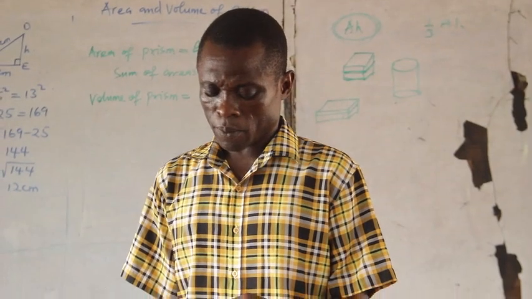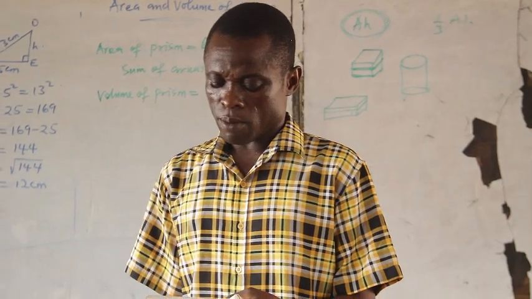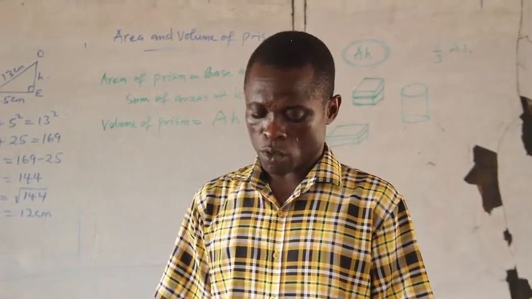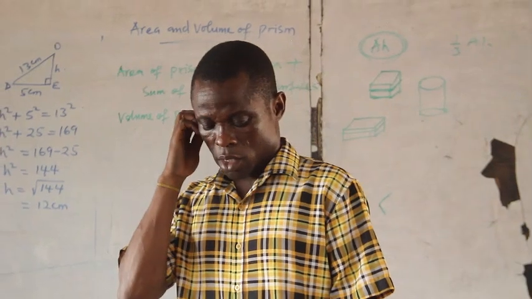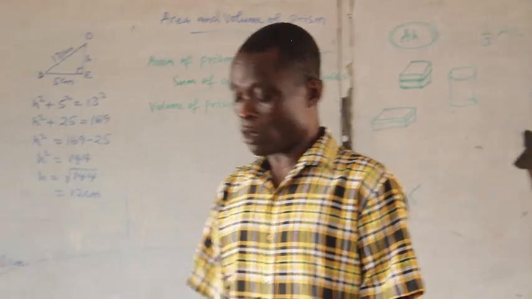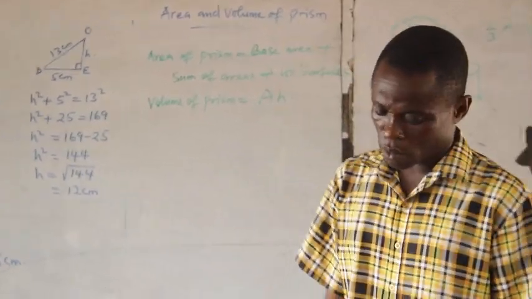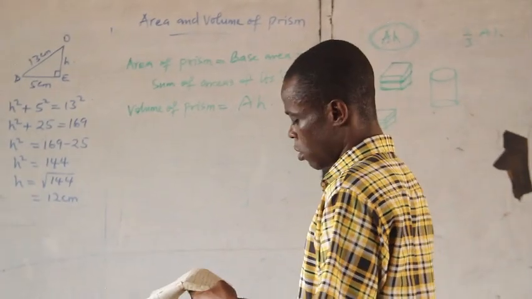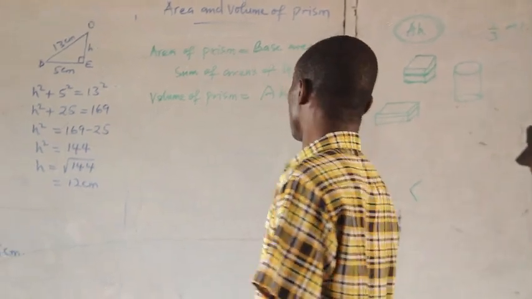Find one, its total surface area, and two, its volume.